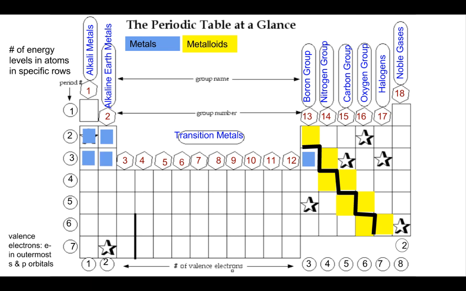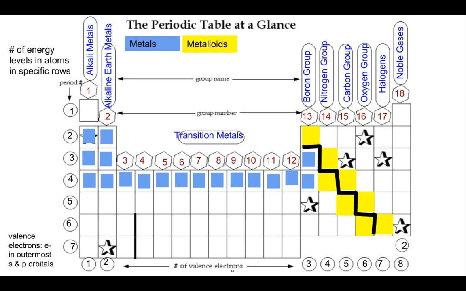So I'm going to keep going. There's row 3. Oh, so that one that, according to the pattern, should be a metalloid is actually a metal. And we'll just fill these in. Now, you don't have to fill in each individual square at all. You can just shade the whole thing in, or you can even use a pattern if you want.